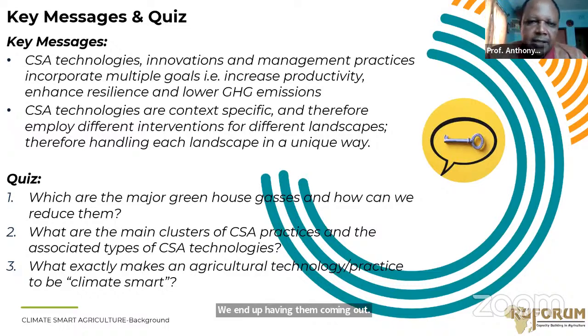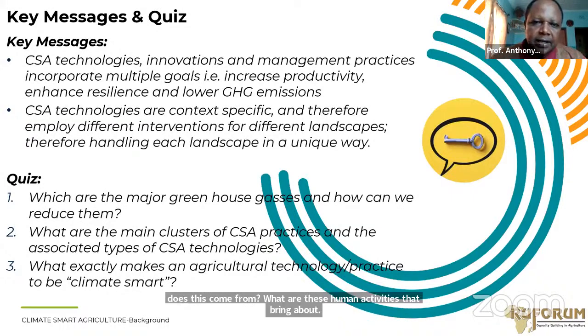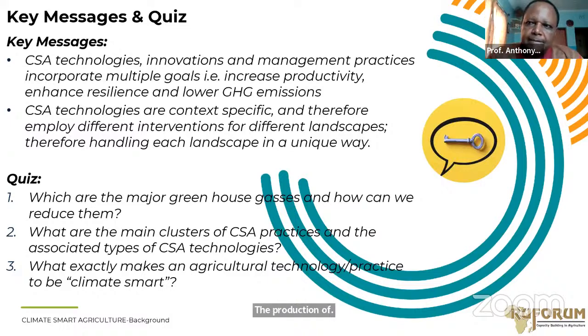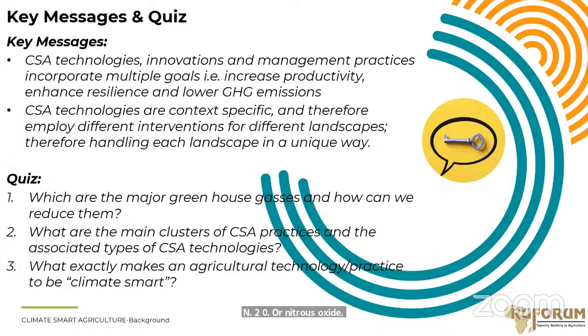That's good. And then the third one, the nitrous oxide. Where does this come from? What are these human activities that bring about the production of N2O or nitrous oxide? Isa, or Girma, Fenta, Asefa.